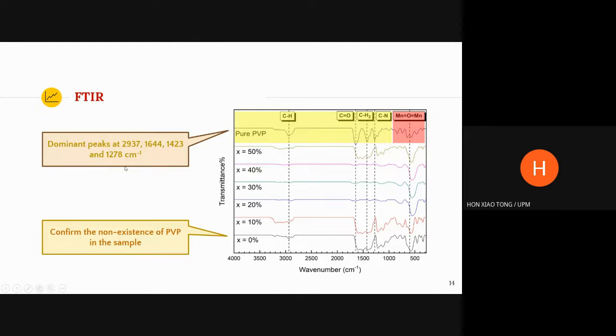And by comparing all my samples with the pure PEP, the result confirms the non-existence of PEP in the samples, as no peak associated with the dominant peaks of pure PEP has been detected in my samples.